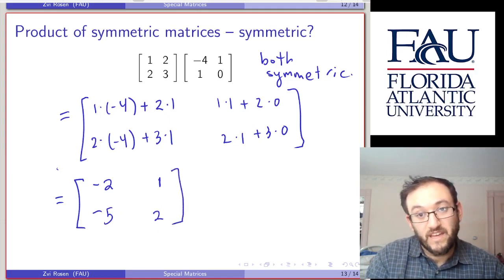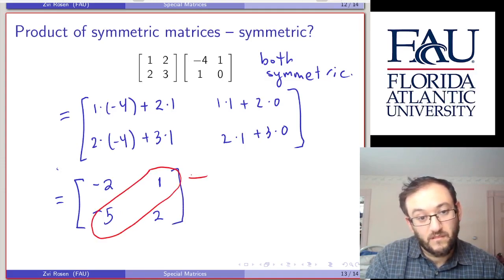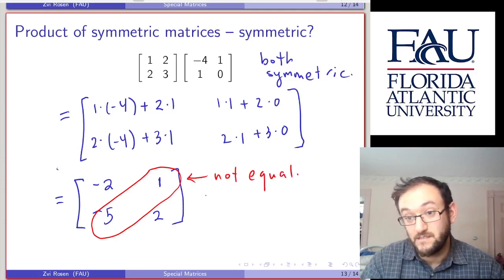So these two entries are obviously not the same, not equal, so the product of these matrices is not symmetric.